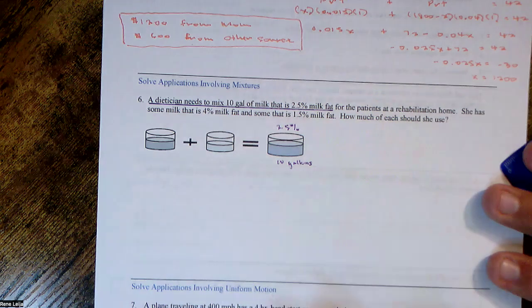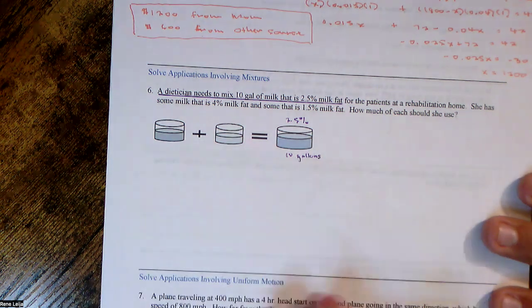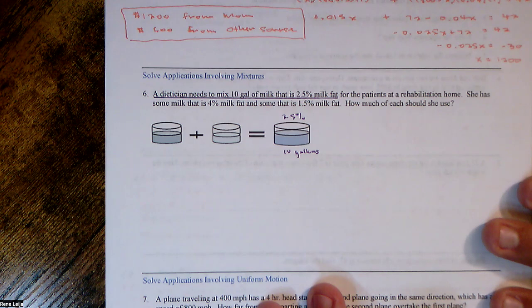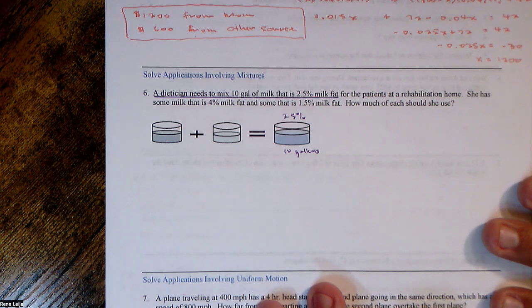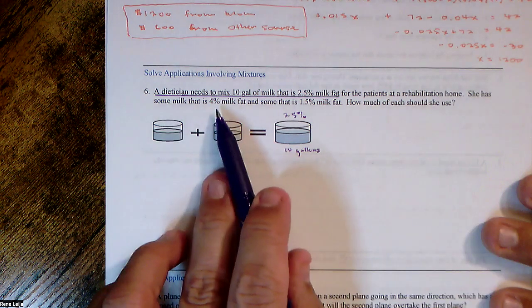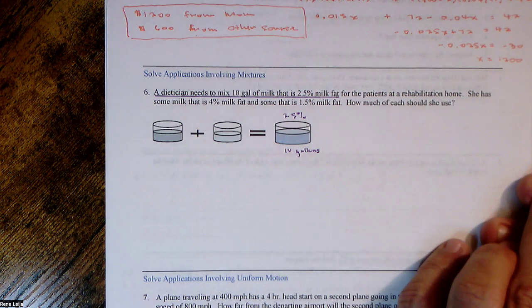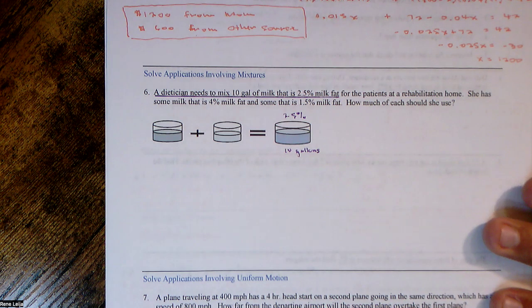Okay. Now that we know that, the picture has already set up our verbal model for us. Now it says she has some milk that is 4% milk fat and some milk that is 1.5% milk fat.